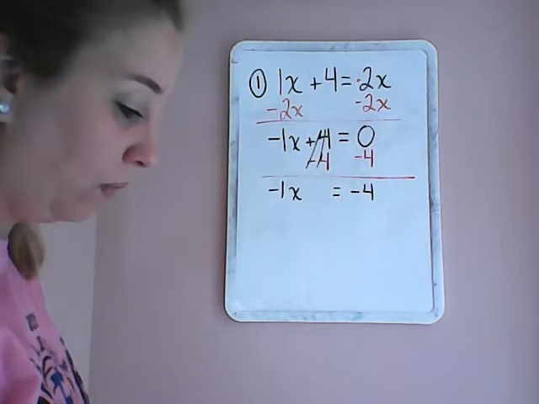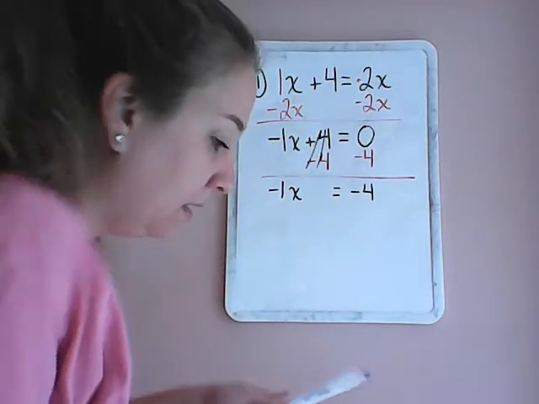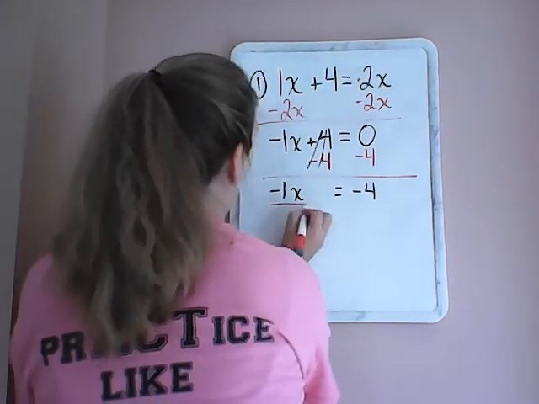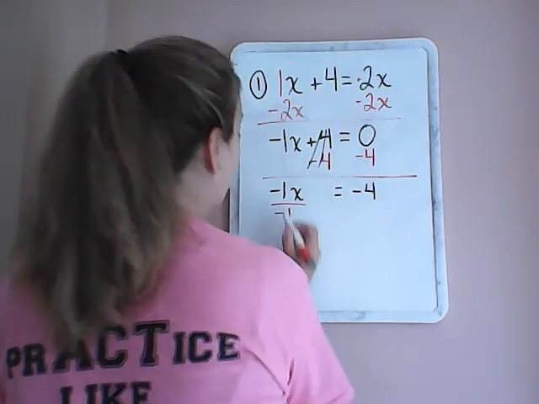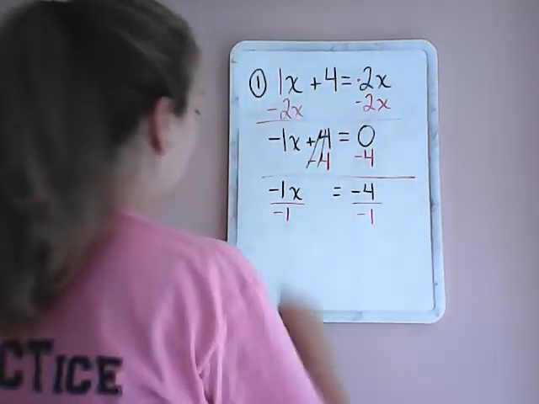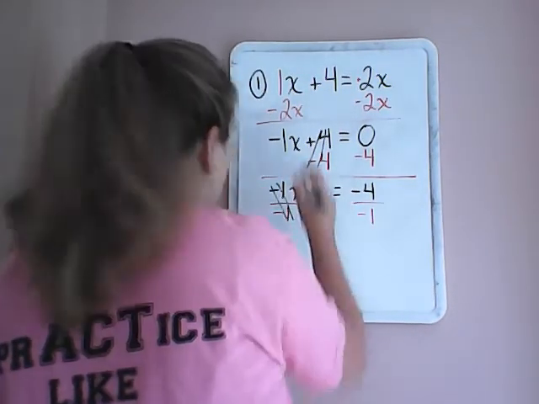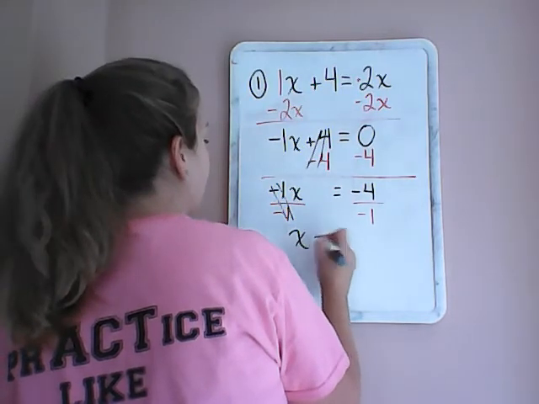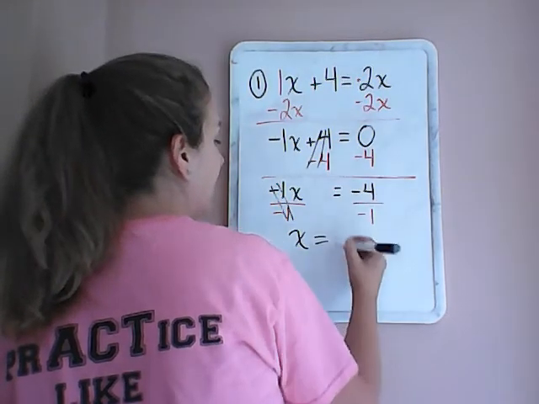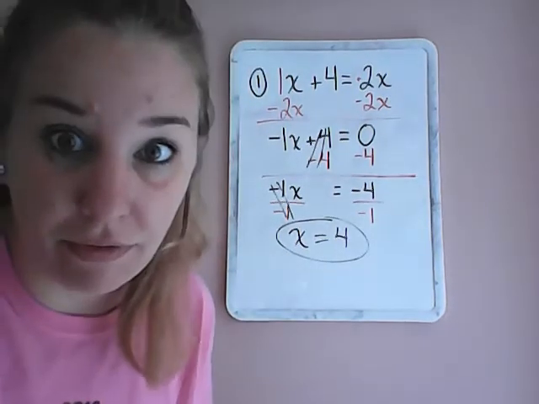There's this negative 1 on it. So it's a negative 1 times x. So we divide by negative 1. We divide by whatever's in front to cancel them out. Negative 1 divided by negative 1 is 1. So it cancels off, and you have x equals negative 4 divided by negative 1 is 4. So either way you go about it, you're going to get that 4.